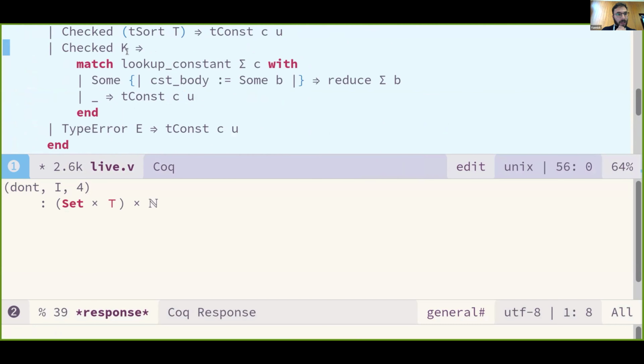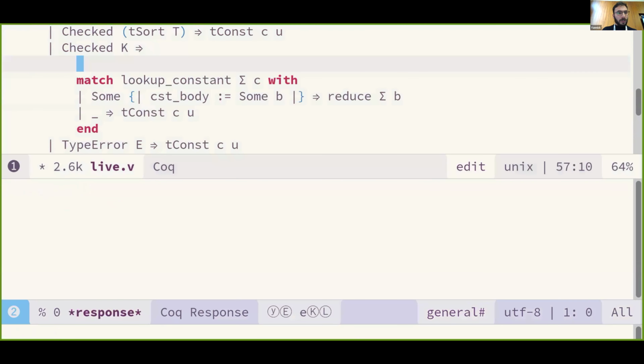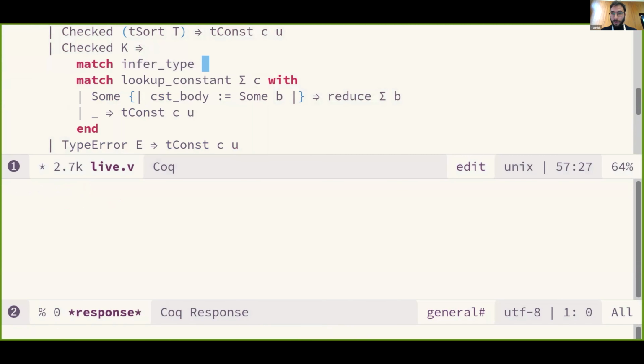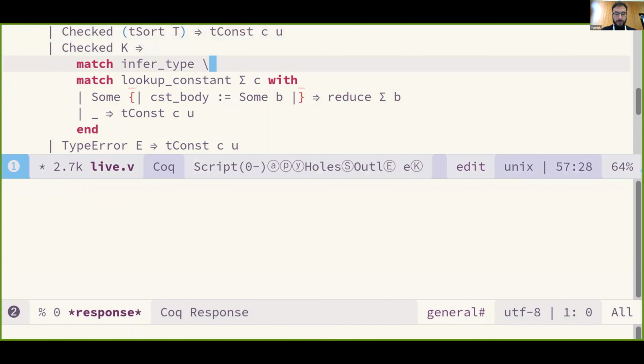Namely, when this comes back with a type, here it's going to be the type true. We have to check whether the type of K is prop. Because if K is a proposition, then we also don't want to unfold. So we want to do two things here. We want to first infer the type of K now.